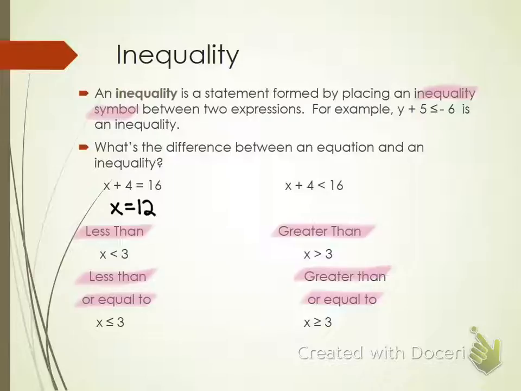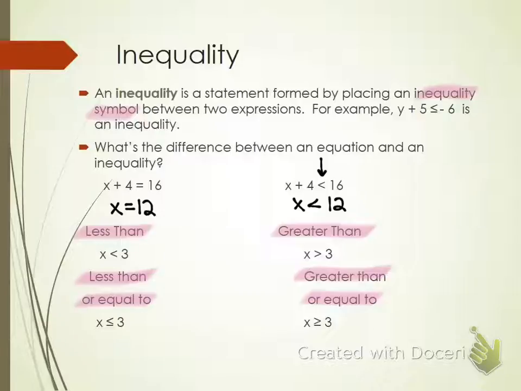But if we take those same terms and place an inequality sign here, our answer is still 12, except now, how many numbers do we know of that are less than 12? Give me some examples: 1, 2, negative 4, 10.